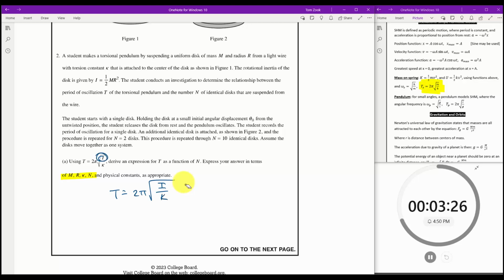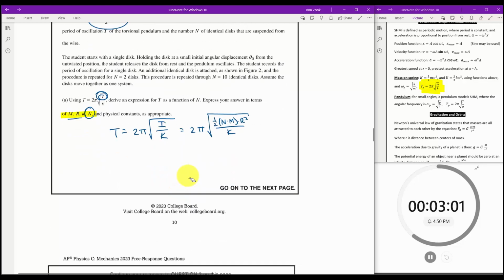I is the only variable in that function that they don't have listed there, but they have m's and r's. So it seems like the smartest thing to do is just take the rotational inertia and pop it in the formula and move on, and say we'll deal with that later. Except it has n there. You can have n times m because there are that many discs there, and that's done. We're done with part A.